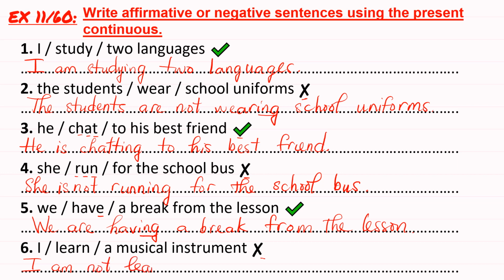And then we add ing to the verb. I am not learning a musical instrument. Okay, and this is our answers.